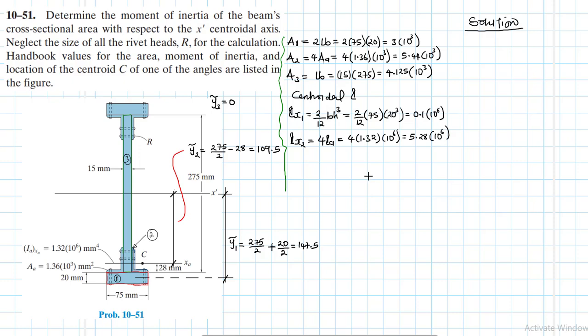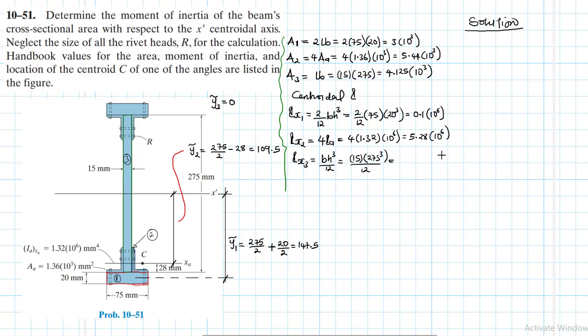Okay, is that so? Of course. And then finally, the moment of inertia of the web will just be BH cubed divided by 12, and this is equal to, our b is 15, our h is 275 to the power 3 divided by 12. This gives us 275 cubed times 15 divided by 12.